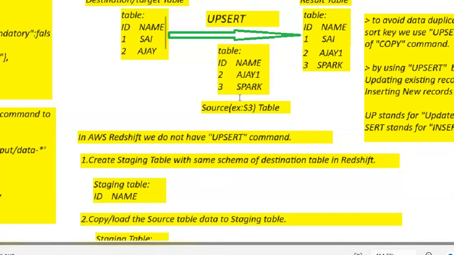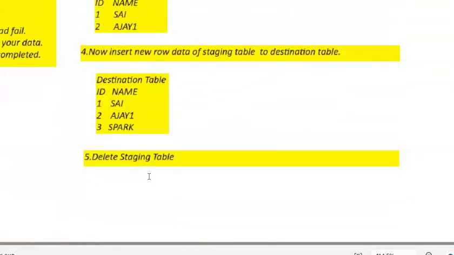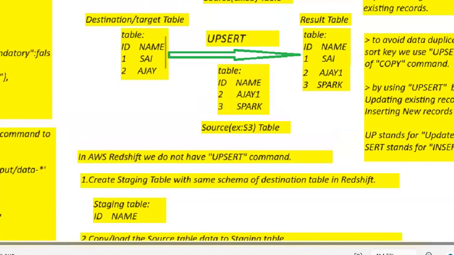Now let's see how to write the commands to perform these tasks in Redshift. Let's see the sample commands for that. Now in step 1, I want to create a staging table with the same schema as my destination table, right? Yes. So let's write the command for it.